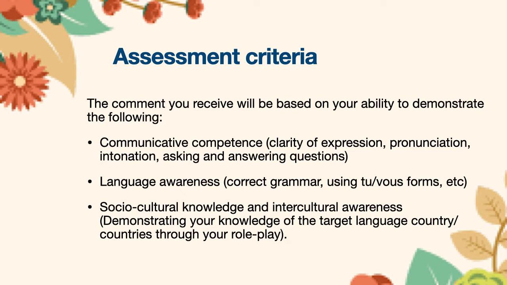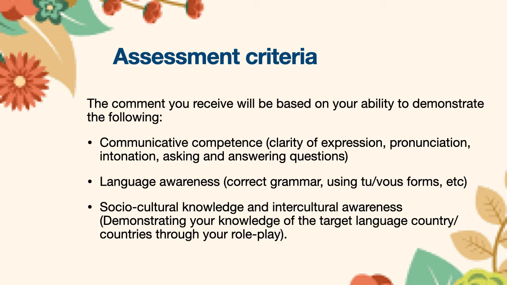Okay, so what is the assessment criteria? I've summarized here the assessment criteria from the junior cycle curriculum. So the comment you receive will be based on your ability to demonstrate the following. So the first heading is communicative competence. So that includes clarity of expression. Can you be understood? Can we understand what it is you're saying in French?